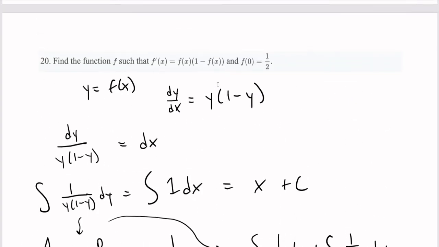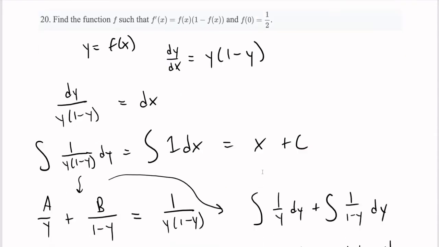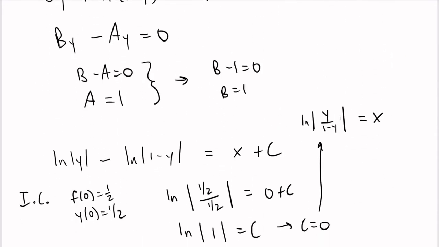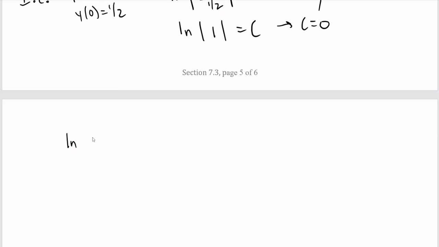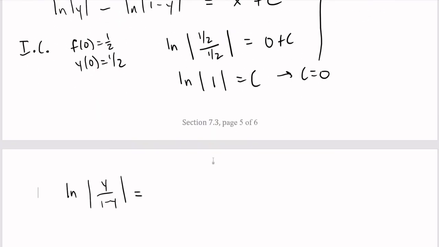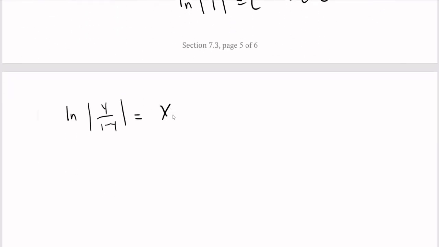But we wanted to find a function f, and we haven't found that because it's still packed in here. So we have to try to see if we can solve for y. So let's bring down what we have, log of y over 1 minus y equals, we have over here, just x.